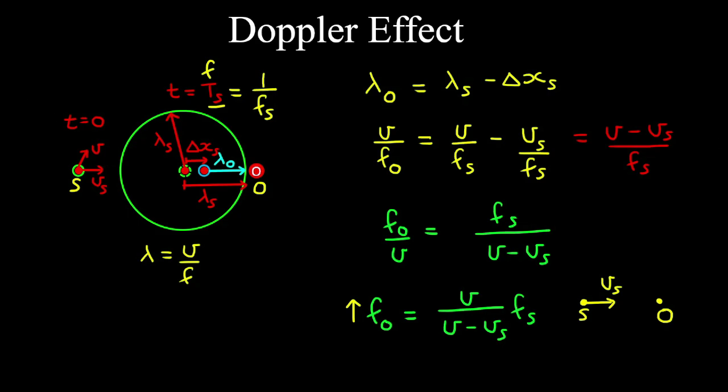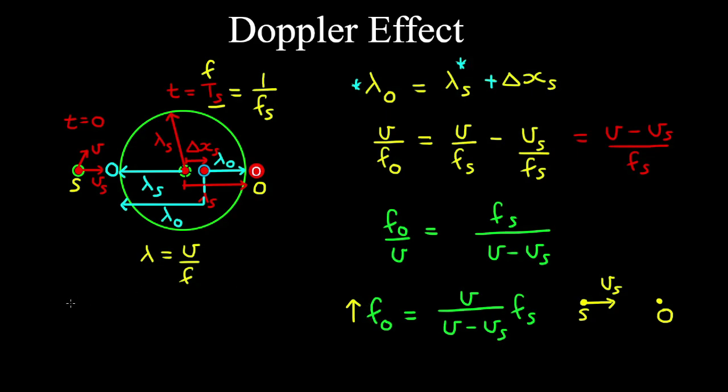Now if the observer was instead over here, then you're going to get lambda s being this distance, and lambda O is going to be this distance, which is the distance between the two wavefronts. So you get the wavelength heard by the observer is equal to the wavelength of the source plus the displacement of the source.